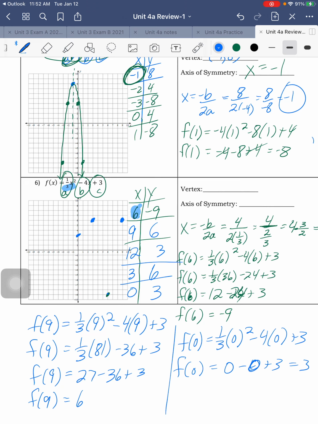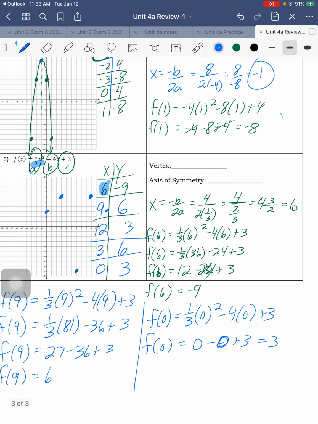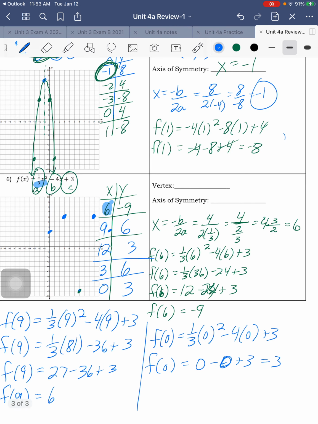That's not right. Something's not right here. 0, 3, and 12, 3. Looks like my vertex is wrong. What did I do with the vertex? Looking back, opposite b, 2a.